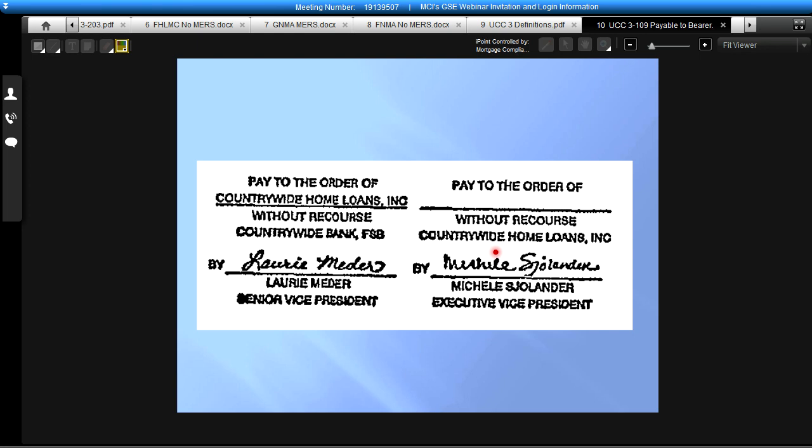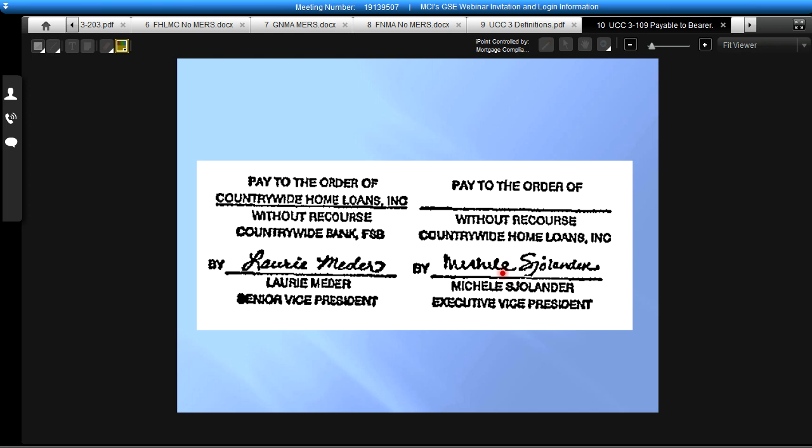Now, with the instructions of the signer incomplete, this signature does not constitute a negotiation under UCC Article 3, and it is not an endorsement in blank. With no payee yet named, no transfer has occurred through which rights can be acquired.